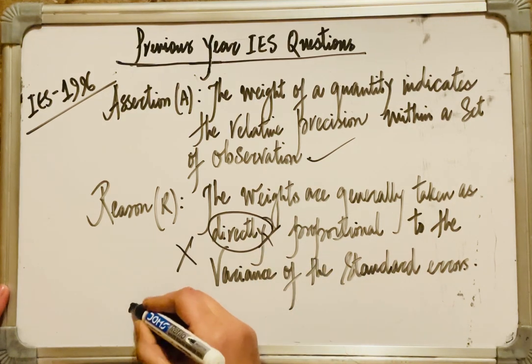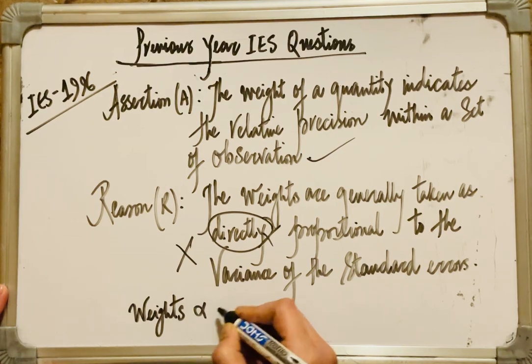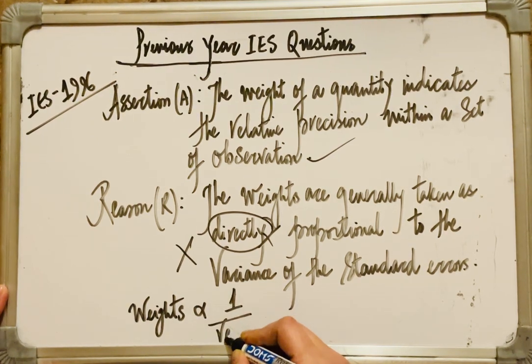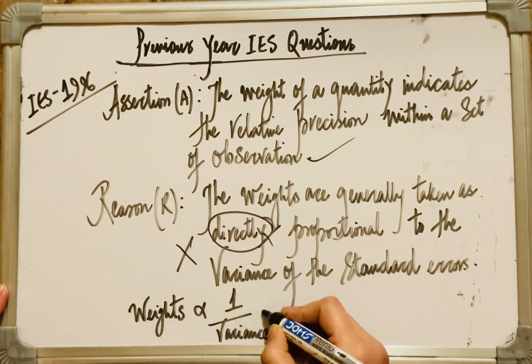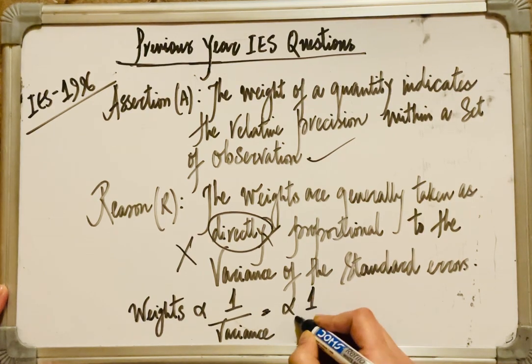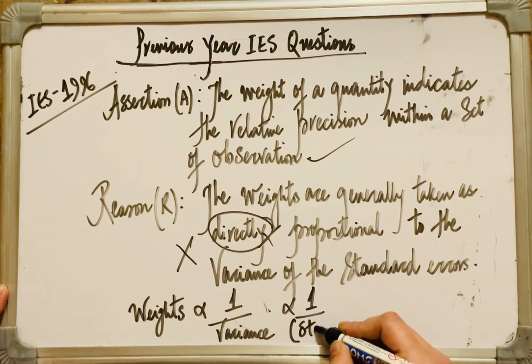So the weights are inversely proportional to the variance, which is the square of standard error or probable error.